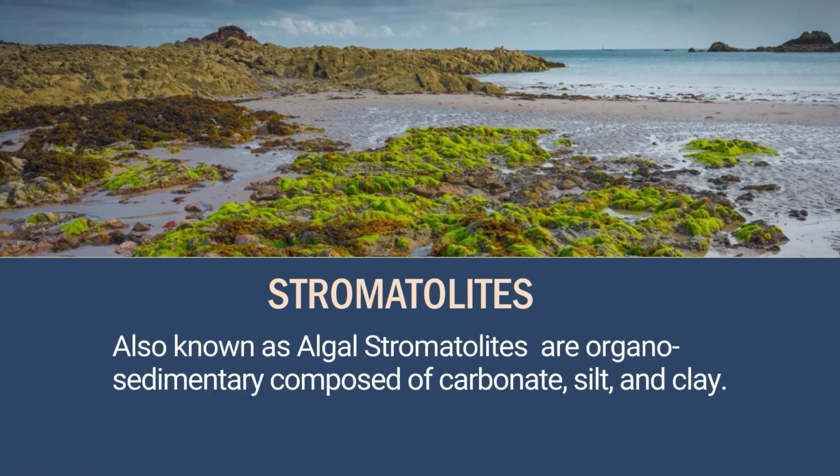Then another important structure, very common and of great use in stratigraphy, is called stromatolite. They are also known as algal stromatolites, and they are organo-sedimentary structures composed of carbonate, silt and clay.